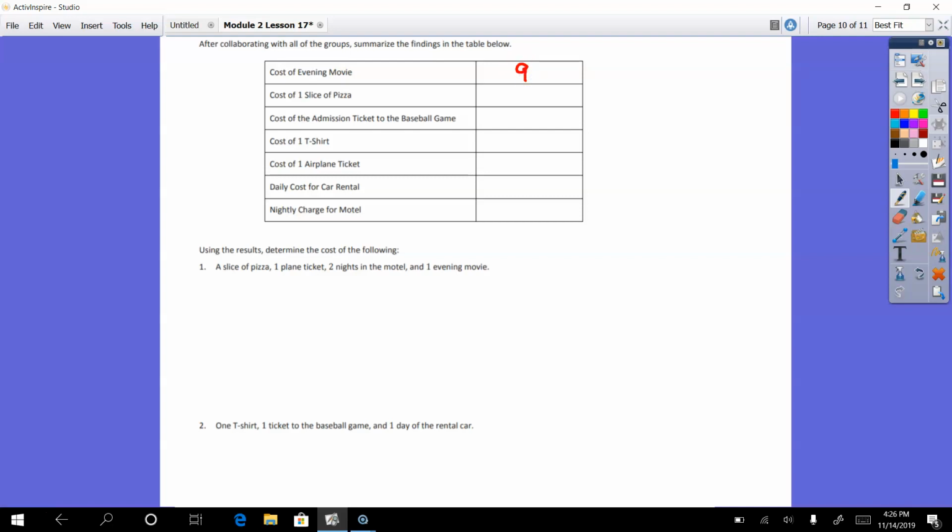The cost of a slice of pizza was $4.59. Cost of admission was $24.61. Cost of a t-shirt was $20. Cost of one airplane ticket was $150. Daily was $70 and nightly was $85.